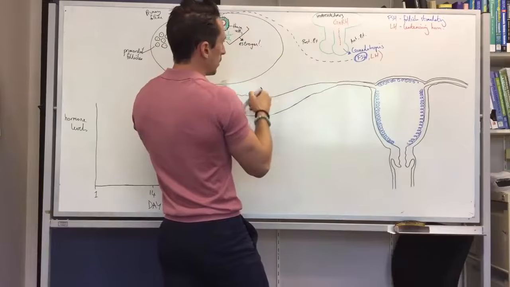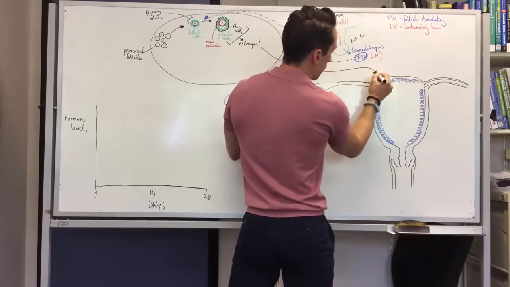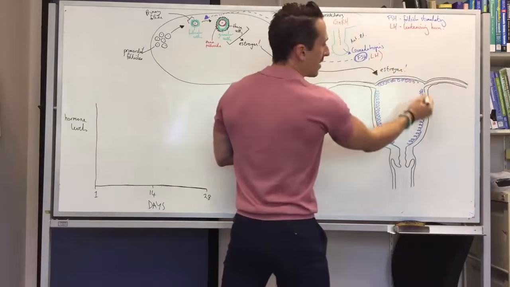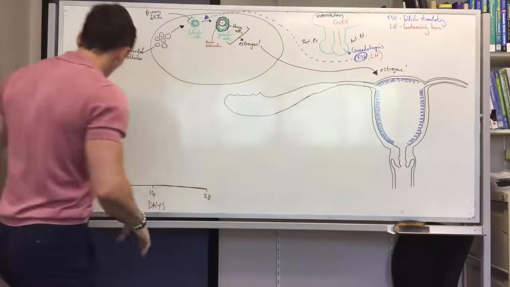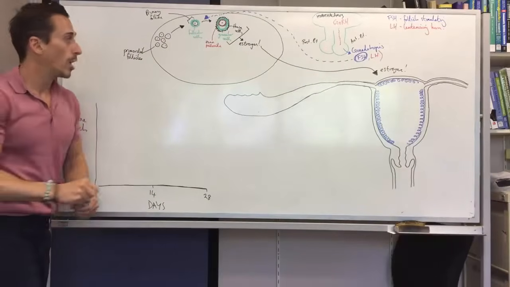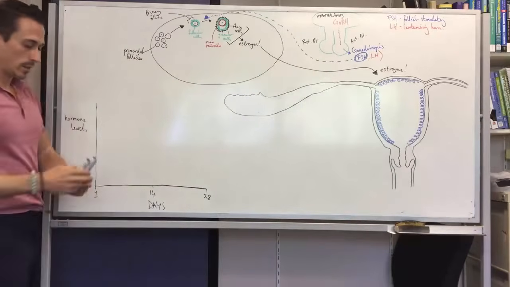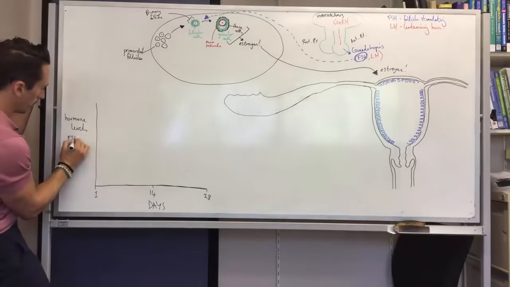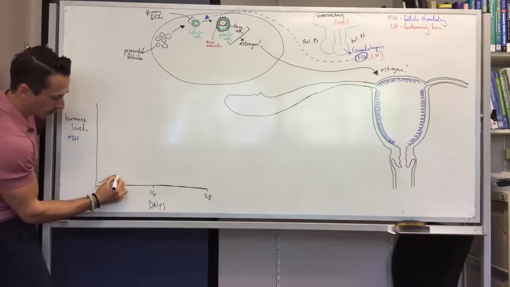So, estrogen will travel and prepare that uterine lining for implantation. Now, let's go to this graph which we haven't drawn up yet. What two hormones have I spoken about predominantly? I spoke about FSH being released and I spoke about estrogen being released. So if we were to first focus on FSH, so let's put FSH in blue. What you'll find is from day one, FSH starts to increase.